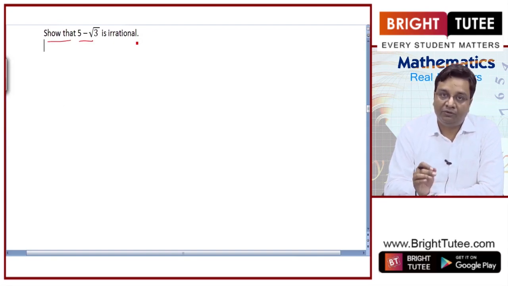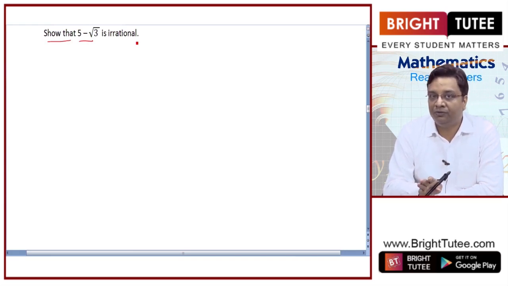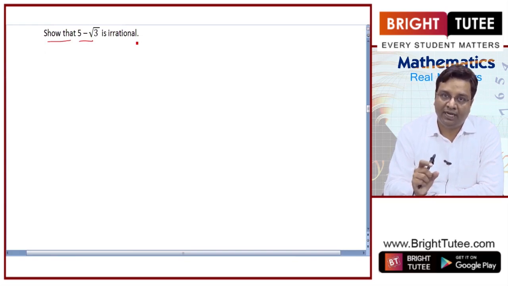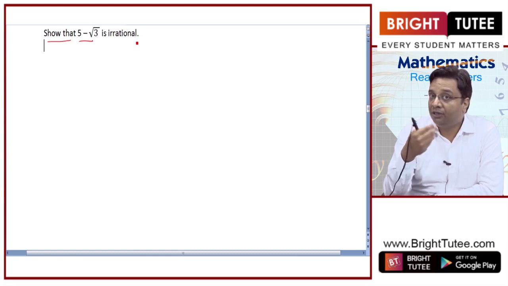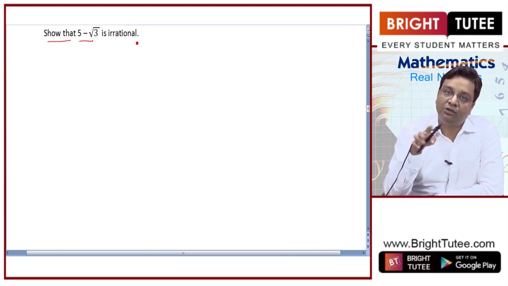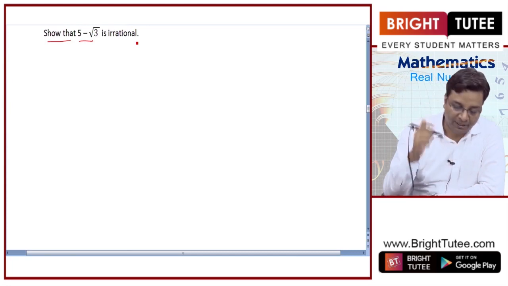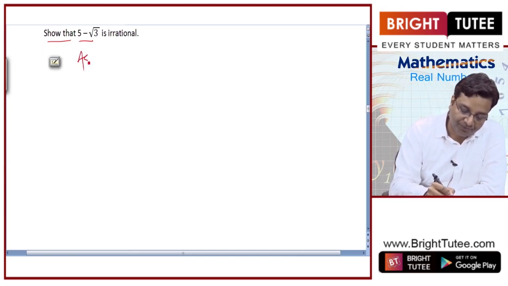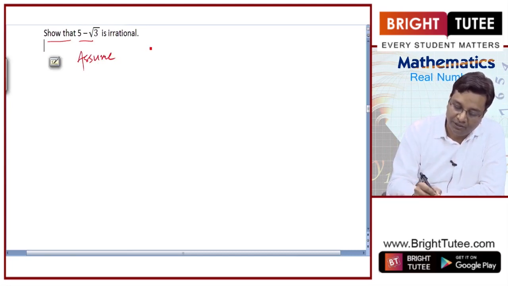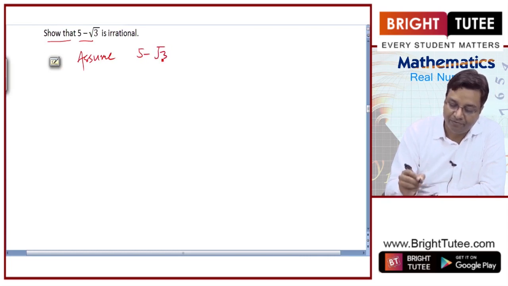The algorithm, or the method that you will follow, is the same. You will start with the assumption that it is rational. You will write it in P by Q form, and then you will manipulate it in a way that there will be a contradiction, and by that contradiction you can say that your assumption itself was wrong. So let's assume 5 minus root 3 is rational.